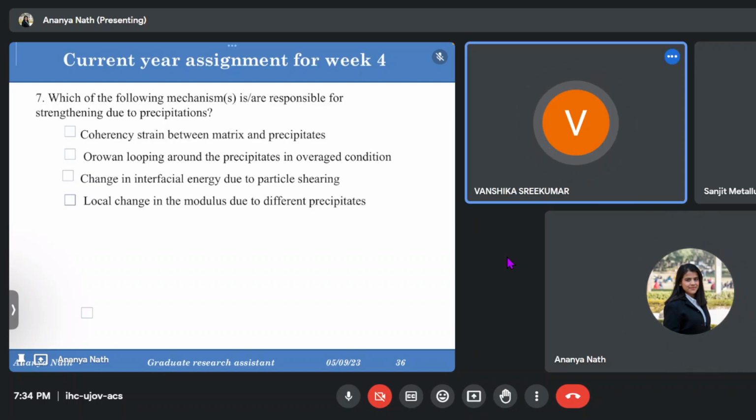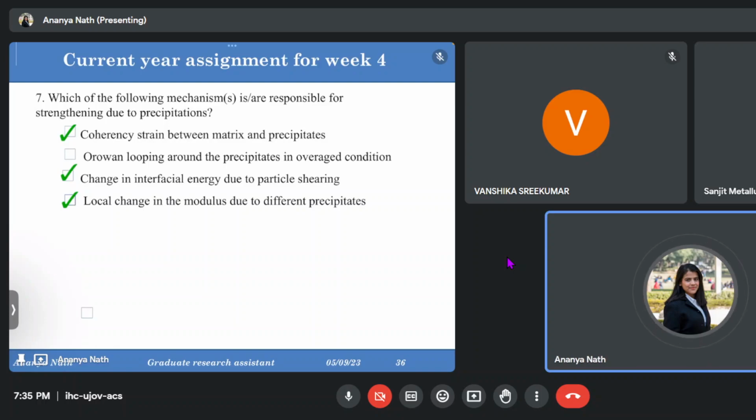I guess all of them except the B one. So it's coherency strain between matrix and precipitates, change in interfacial energy due to particle shearing, and local change in the modulus due to different particles.